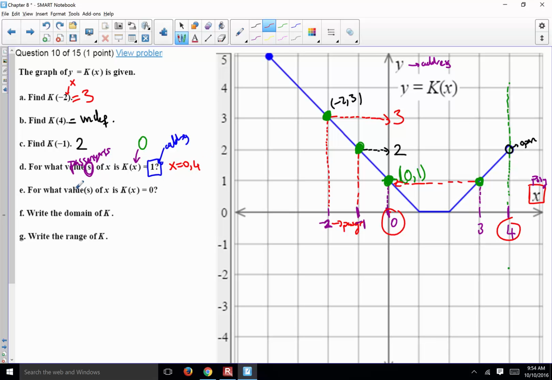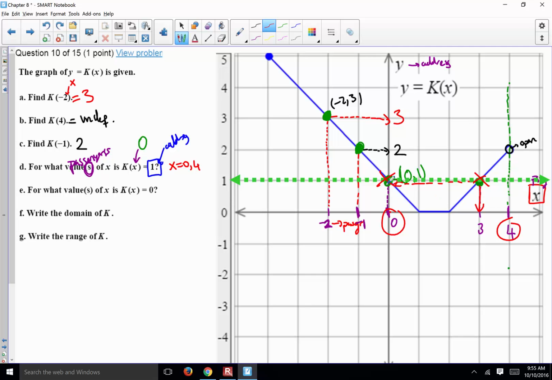So how can we make these questions correct? If they have given a y value and are asking for x, take a color pen and draw a horizontal line at that level, at 1, and see how many contacts you make. 1 here, 2 here.